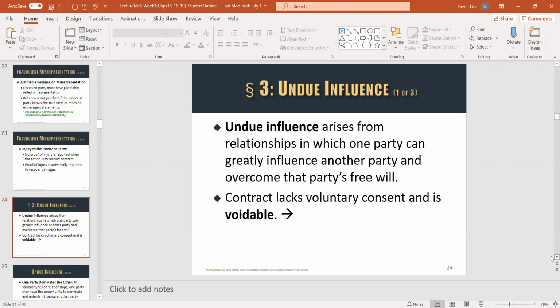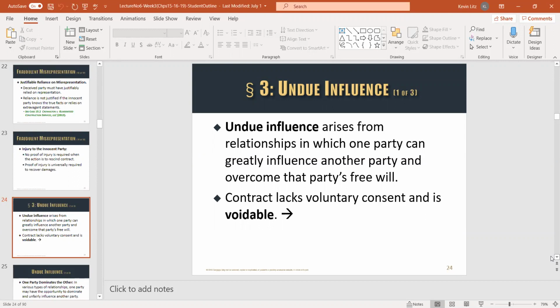Well, a court would look at it and say, wait a minute, that's not fair. We're going to set it aside because that's undue influence that she had over you. So that you, Kate Pop Star, when you turned 18, or even before then, could go to court and say, I really didn't give consent to that contract, so it is voidable.